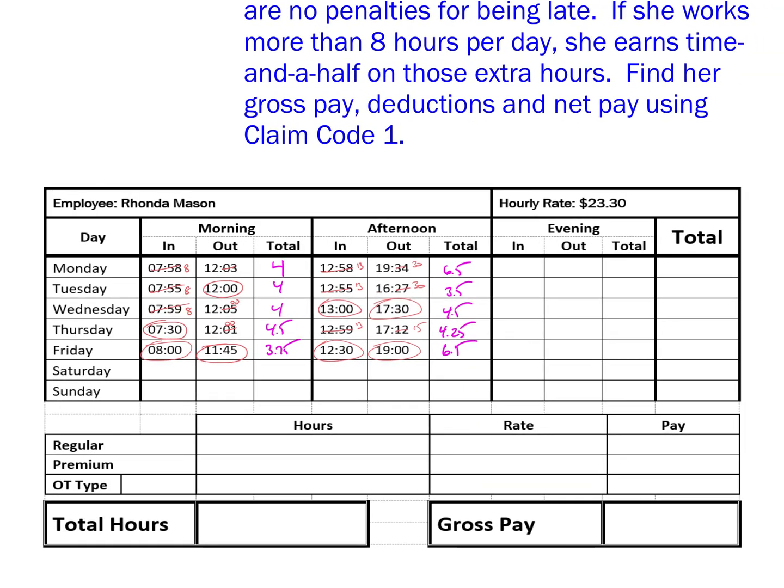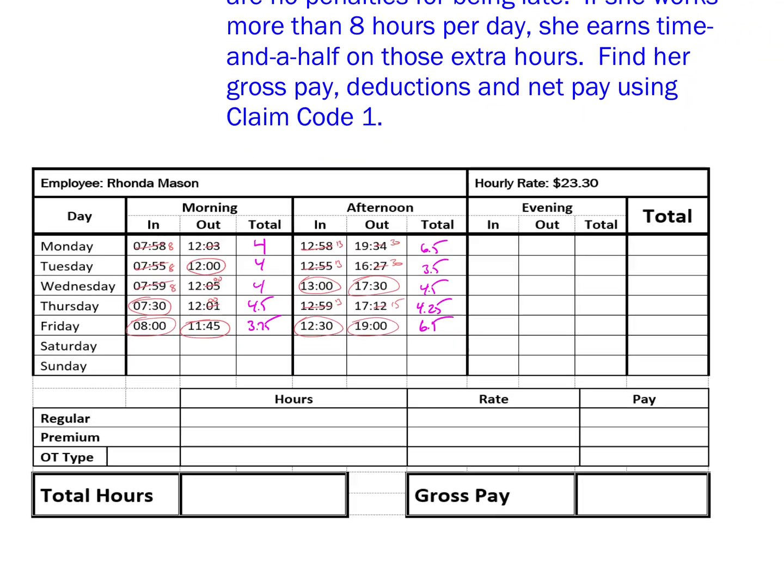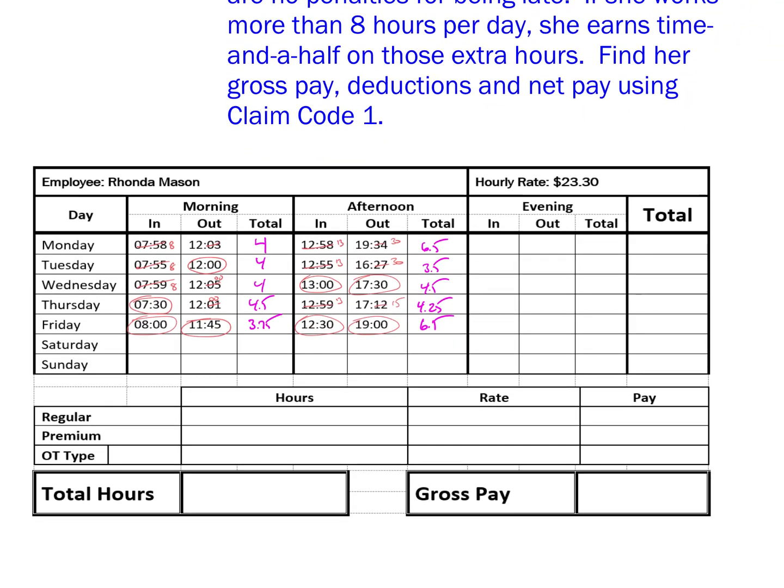Now that we have that, we can calculate our daily totals. So we have a total of 10.5 hours on Monday. Tuesday is 7.5. Wednesday is 8.5. Thursday is 8.75. Friday is 10.25.